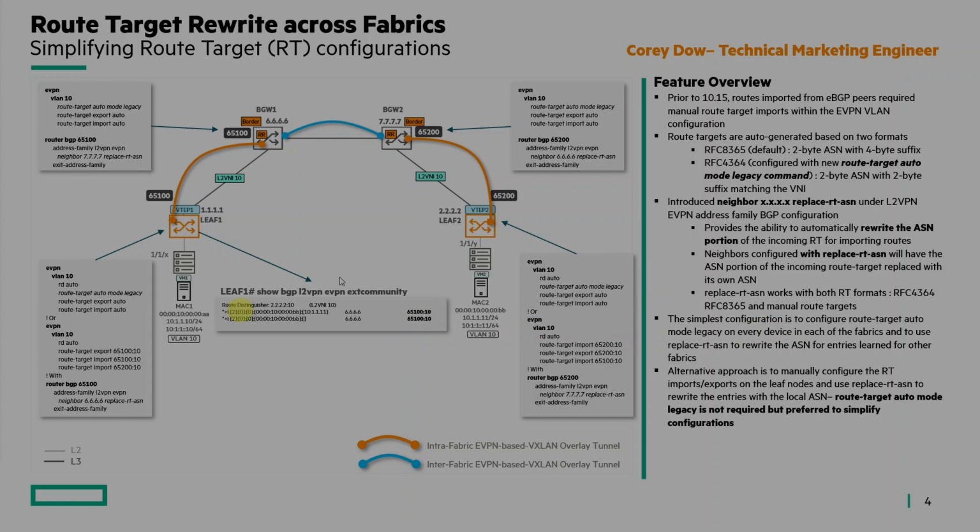This simplifies the route target configurations required. An alternative approach is to manually configure the route target imports and exports on the leaf nodes and use replace RTASN to rewrite the entries. So route target auto mode legacy is not required, but it is preferred to simplify the configurations.